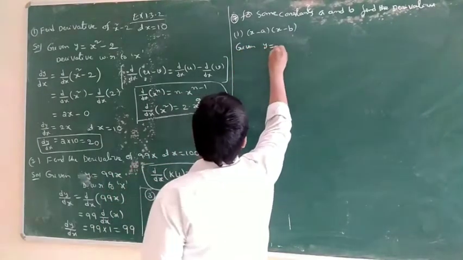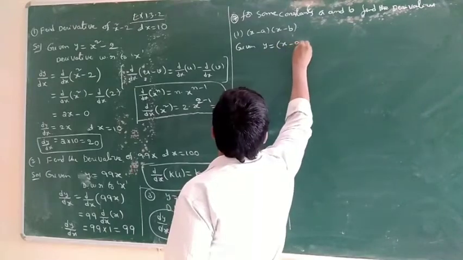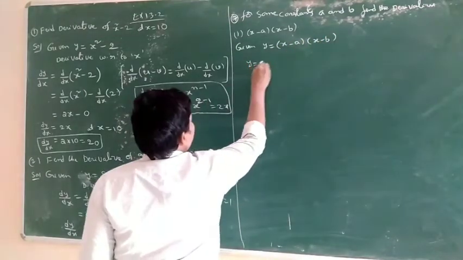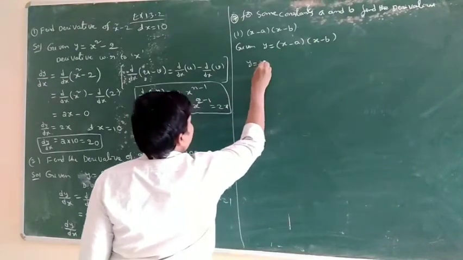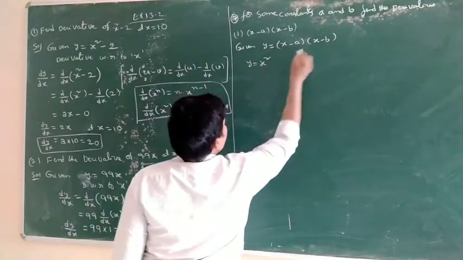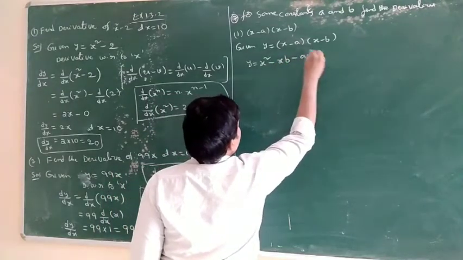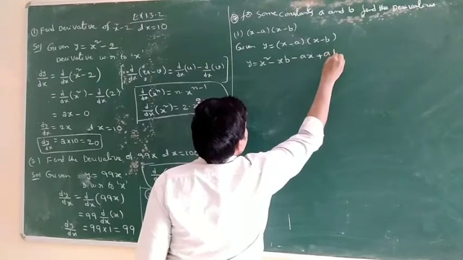y is equal to x minus a into x minus b. Multiplying, x into x is x square, x into minus b is minus xb, minus ax, minus a into minus b is plus ab.